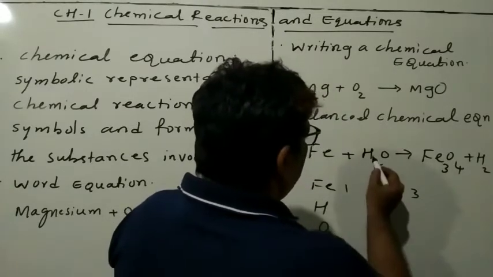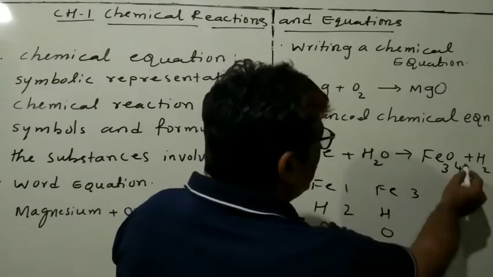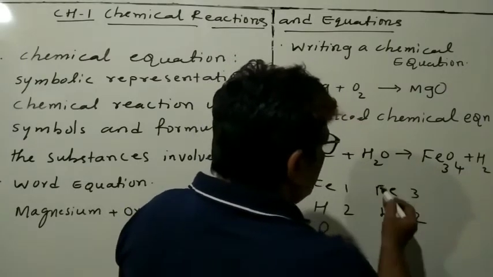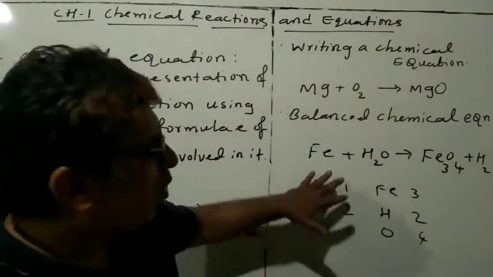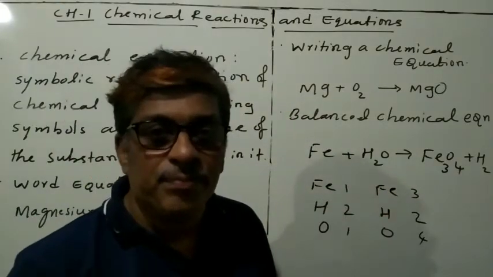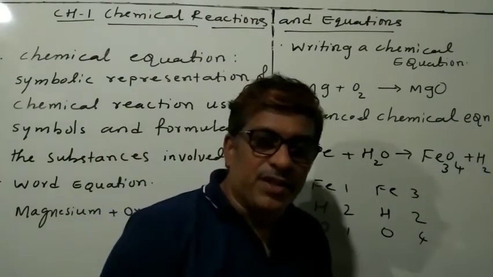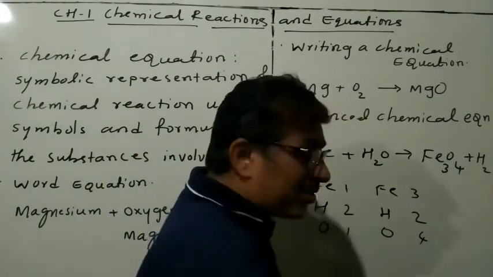Hydrogen is 2 and here hydrogen is 2. Oxygen is 1 and here oxygen will be 4. So it is not a balanced chemical equation. It is a skeletal equation. So now we have to balance.